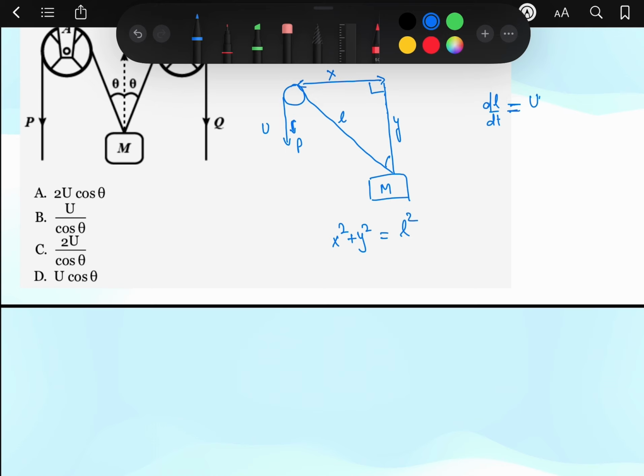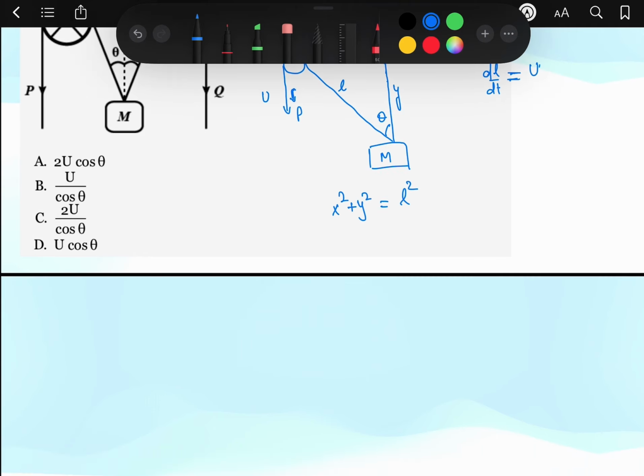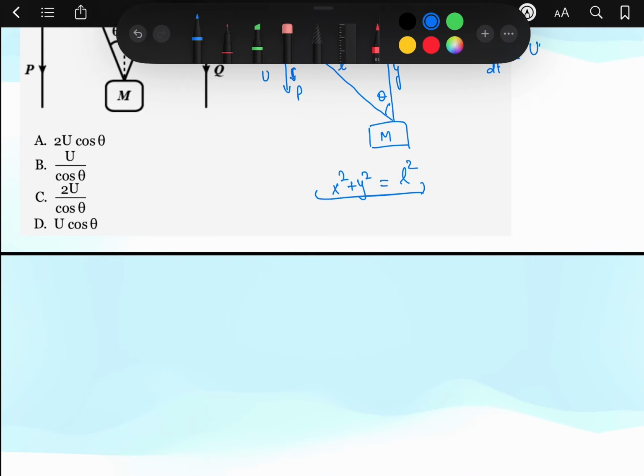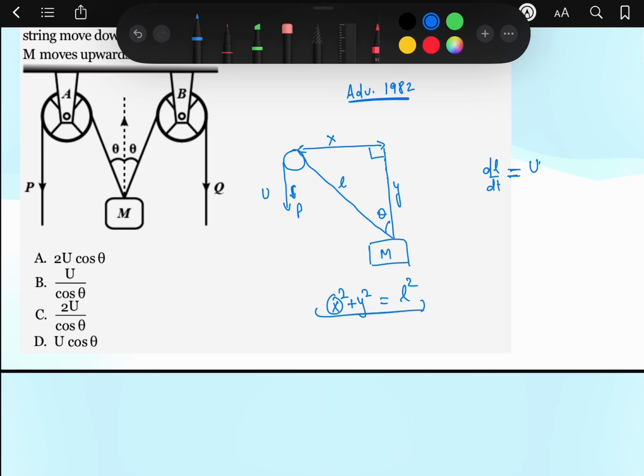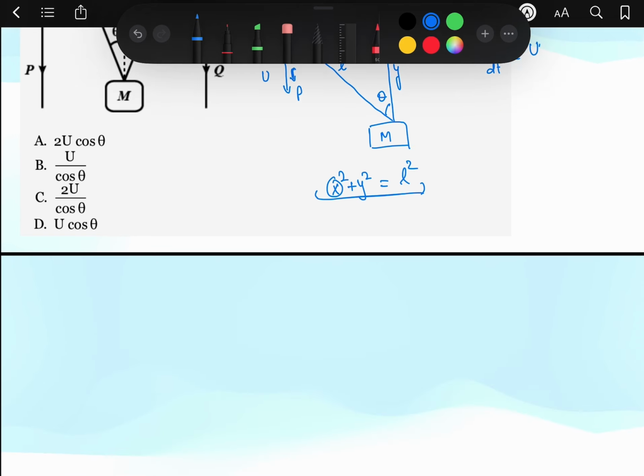Let us suppose this is the angle theta here. Now if I differentiate this equation on both sides with respect to time, x is a constant term here, since this distance is constant, so its differentiation with respect to time will be 0, plus differentiation of y square will be 2y into dy by dt, that will be equal to twice L into dL by dt.